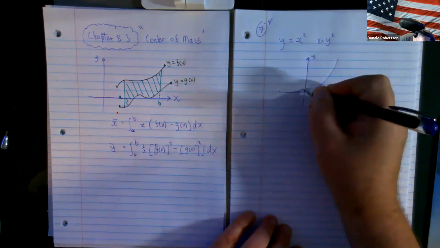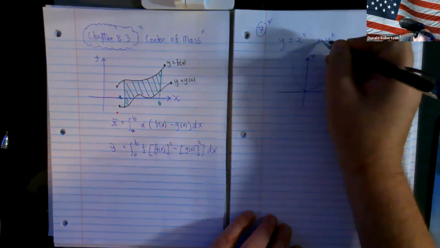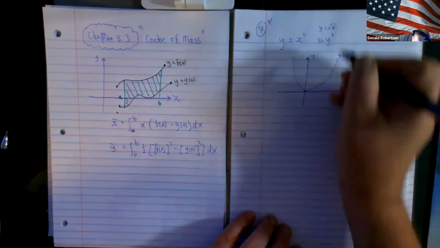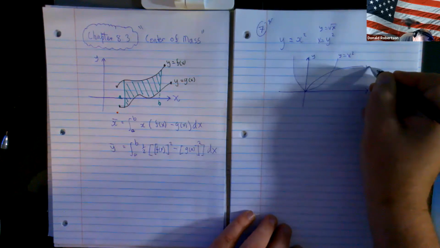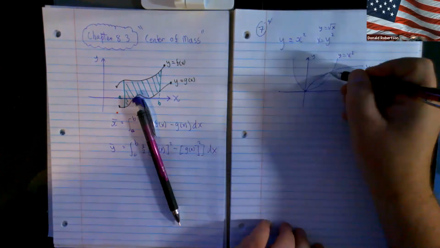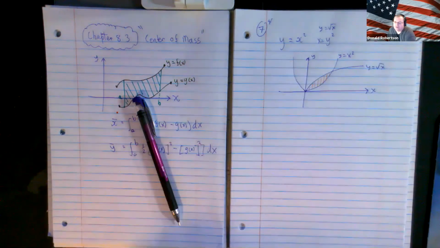It's that guy. And if I want to sketch this guy, I really have to think of it like that. And now I can see who they're talking about. And so the region that we are going to find the centre of mass of is that region there.